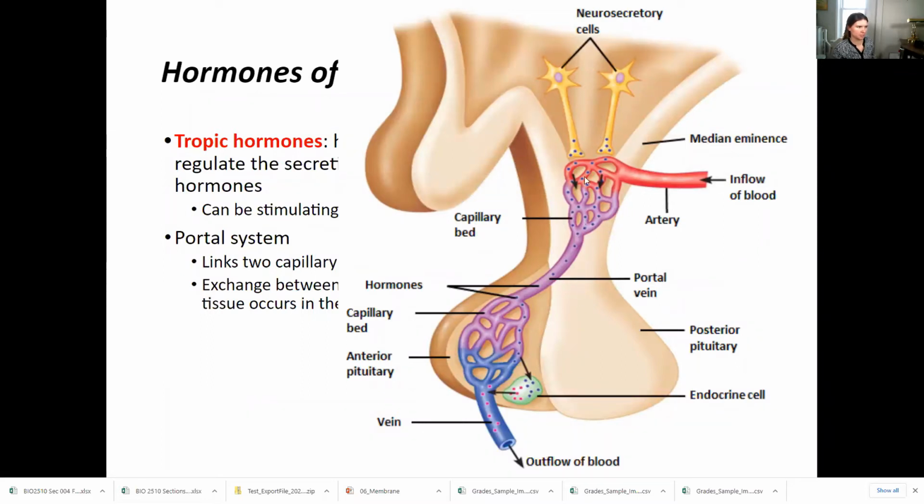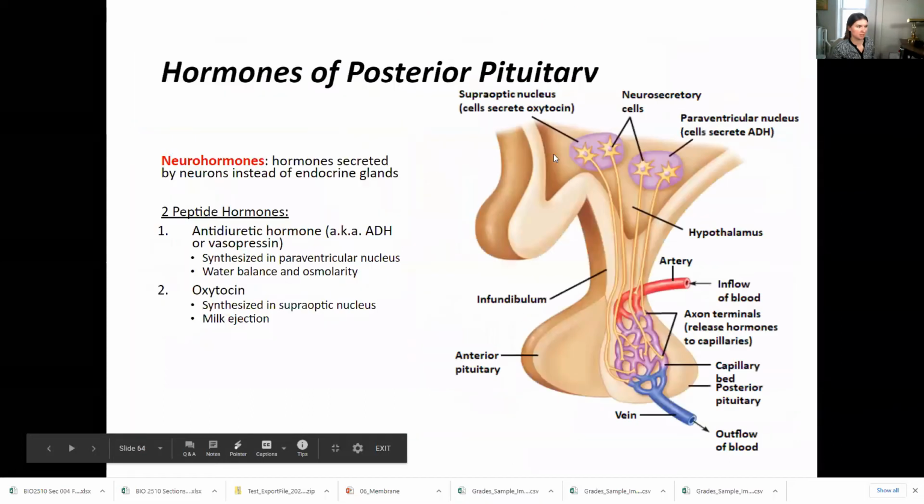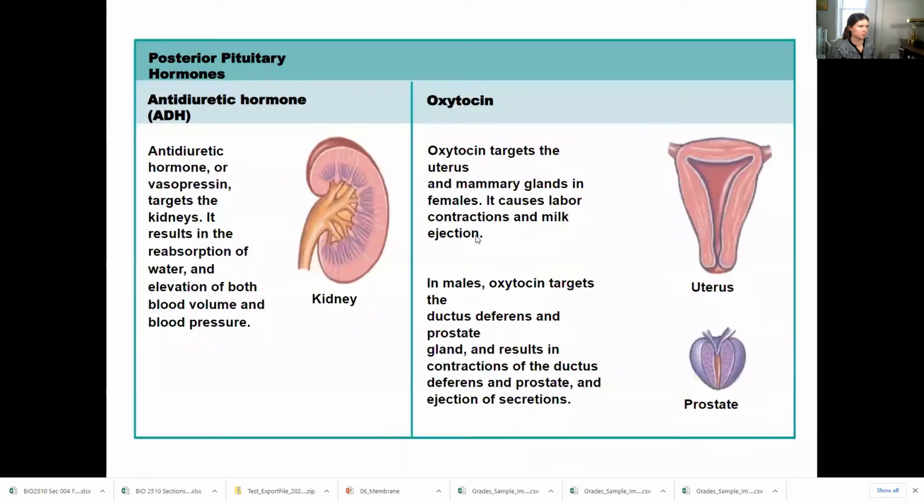There are nerves in the hypothalamus, we have these 2 capillary beds linked by a portal vein in the infundibulum, and then we have an actual endocrine cell in the anterior pituitary. It's not true for the posterior pituitary. The posterior pituitary is just neurohormones.